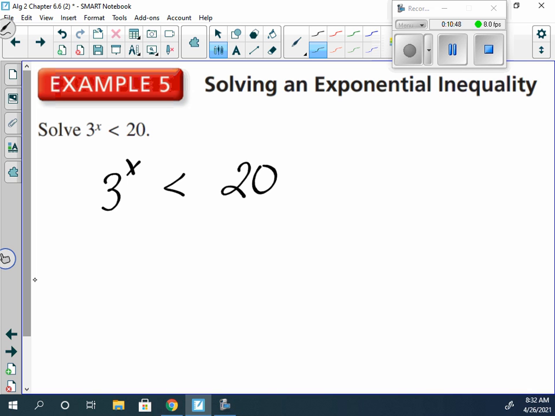When we get to logarithms, we'll have to be careful about the sign and how it works out. But with exponential inequalities, we don't have to really worry about any restrictions. Because where the x is in an exponent, 3 to the x has no restrictions. X can be positive or negative. We can put any number into that exponent. And as we've seen already, we can have decimal numbers. We can have really ugly decimal numbers in the exponent. And that works perfectly fine.